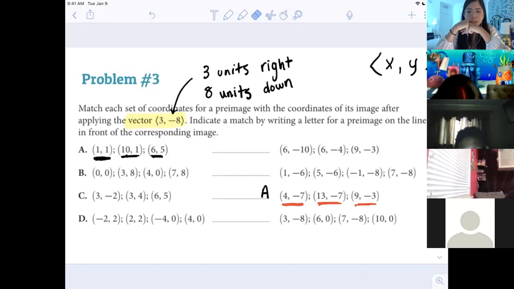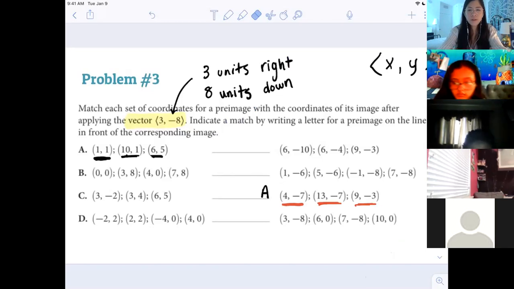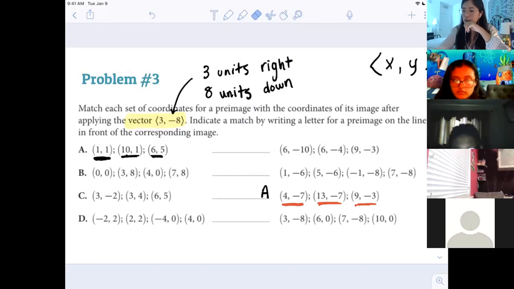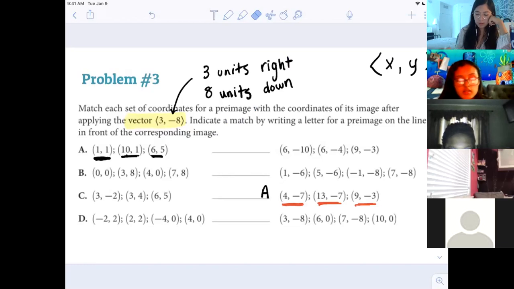Do I have anyone else? Good, 3 people. All right. Let's go through the answers.